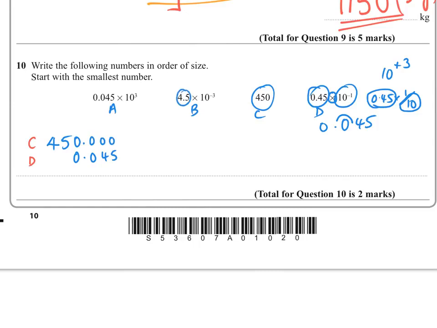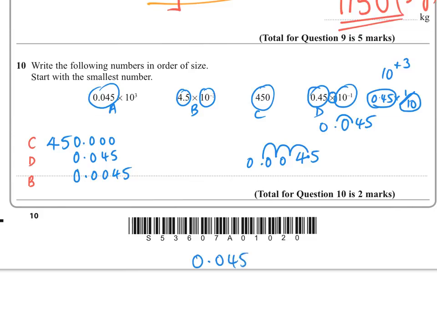Then I'm going to look at this one, so that's 4.5, well, divide by 10 three times, 1, 2, 3, so that's going to be B, and that's going to be 0.0045, and then lastly 0.045 times 10 three times, 1, 2, 3. Okay, so that's going to be 45. So there's A, and that's going to be 45. And I'm just going to put some zeros here.